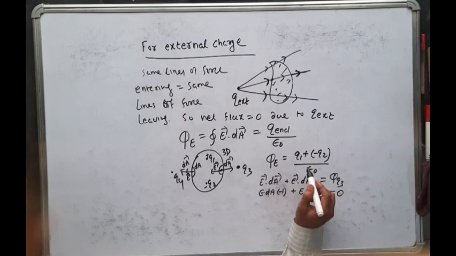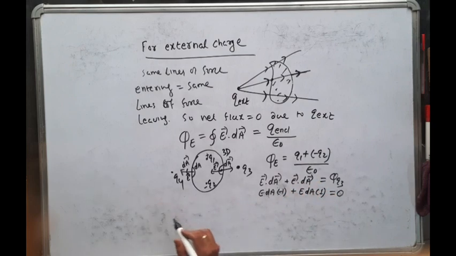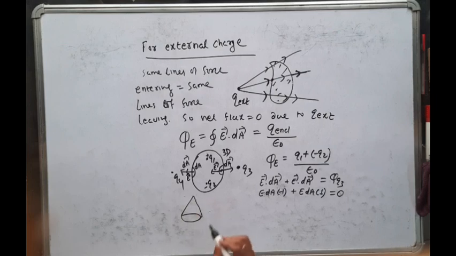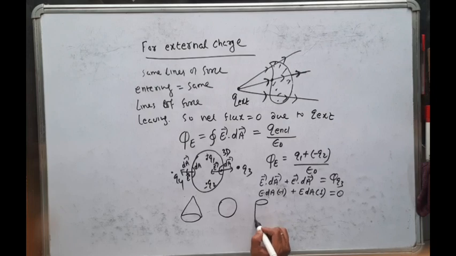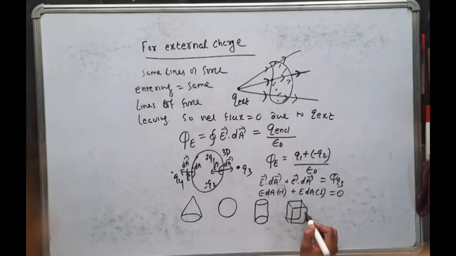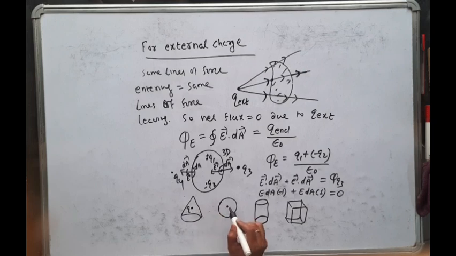Another important thing is that, suppose I take a cone, a sphere, a cylinder, and let us say a cube. Inside this cone I am taking charge Q, and the sphere also has the same charge Q. Inside the cylinder I am putting the same charge Q, and here also Q charge.